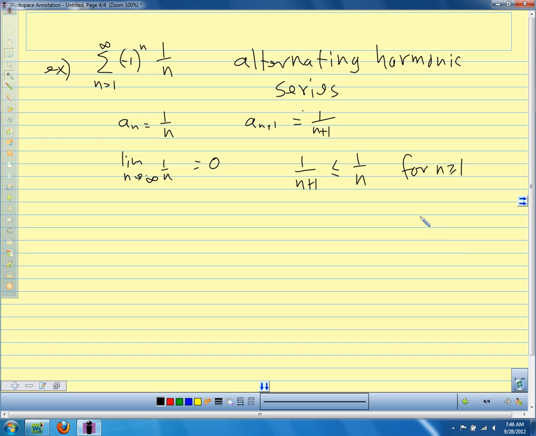So this tells us our two conditions hold for the alternating series to converge. The alternating harmonic series converges. And there you go. The series converges.